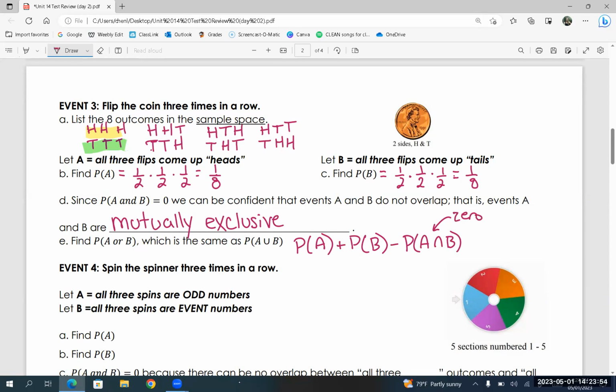So the probability of A would be 1/8, plus another 1/8, minus 0, would give us 2/8, or 1/4. So 1/4 or 0.25. That represents the probability of either getting all three flips as heads or all three flips as tails.